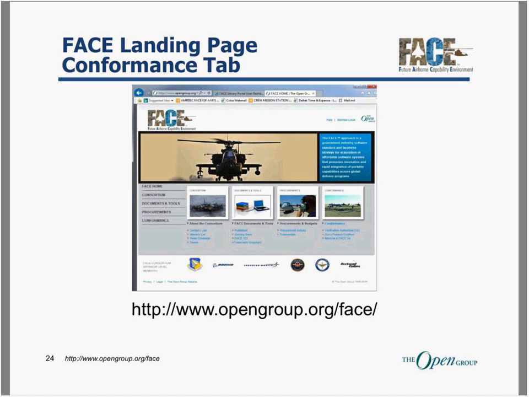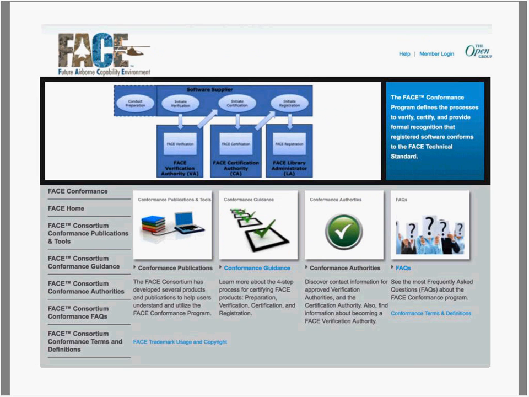Here we are drilling down to the conformance tab of the FACE landing page, and this is where you get the pleasure of doing the more diagram. But there are 4 tabs there, starting on the left, where you can get conformance publications, ranging from the conformance policy. We have a conformance certification guide.